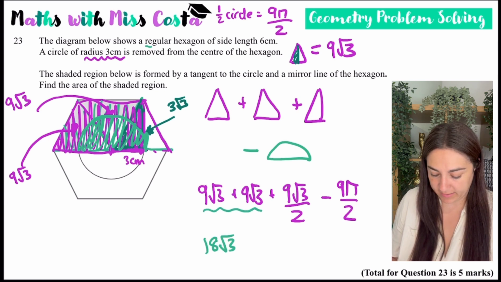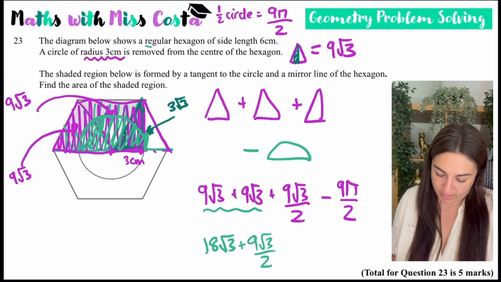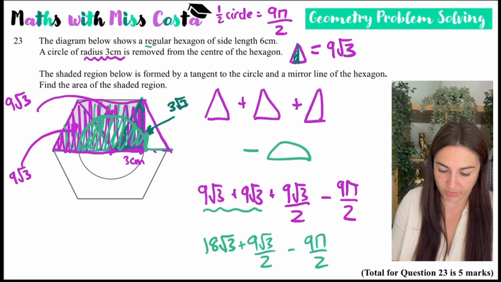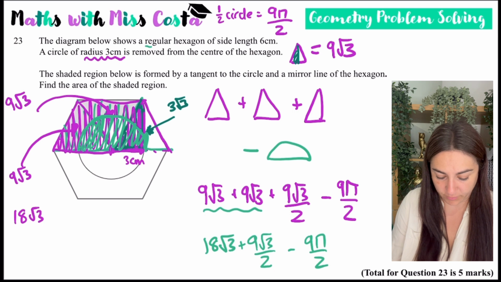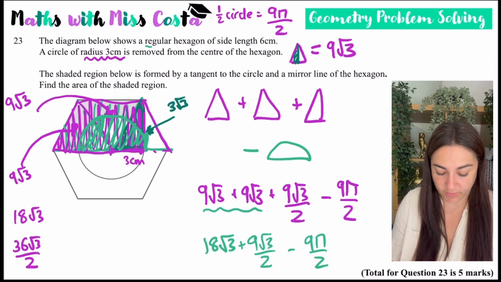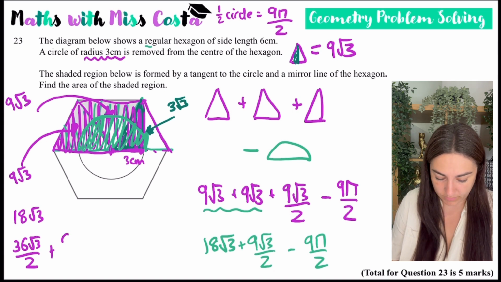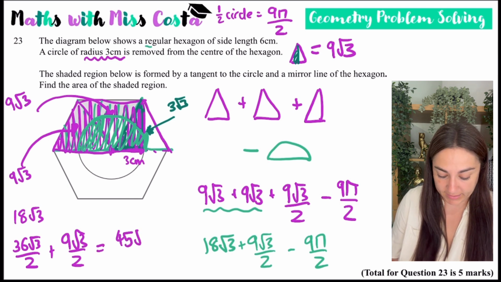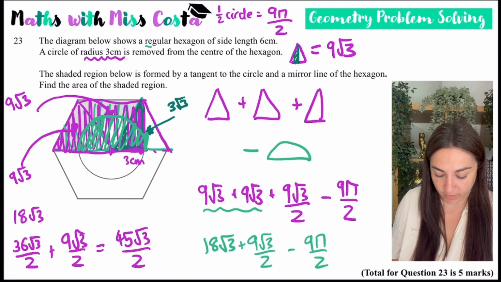So let's simplify that. That would become 18 root 3 plus 9 root 3 over 2. And we could simplify that even further. Take away 9 pi over 2. So 18 root 3, I could write as 36 root 3 over 2, because 36 divided by 2 is 18. Plus 9 root 3 over 2. They're now fractions with the same denominator, so I can add them. So that would give me 45 root 3 over 2.